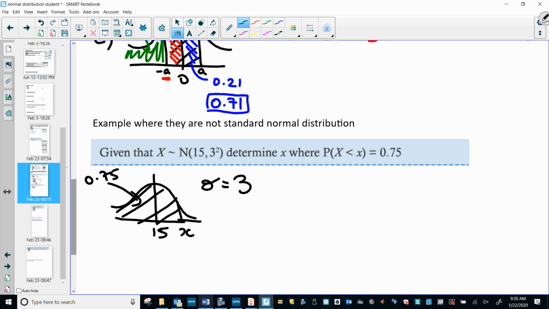Have a look at this. So what's our mean? Okay, so we're looking for a number that's more than 15, yeah? 17.0.